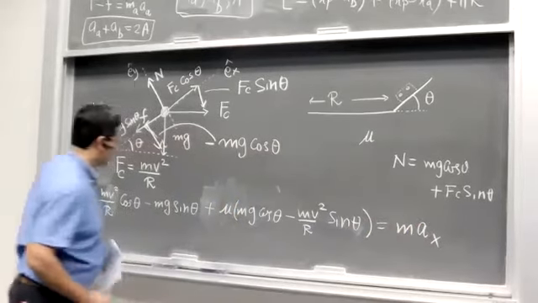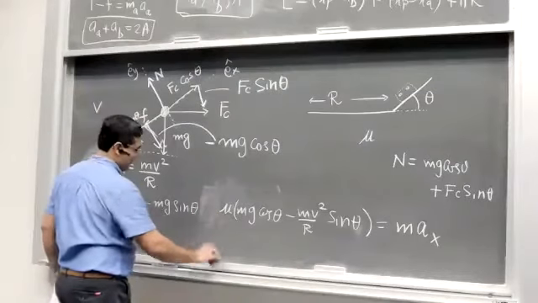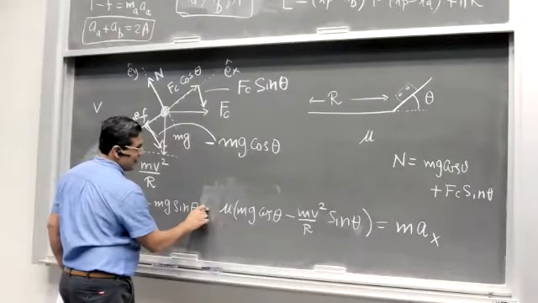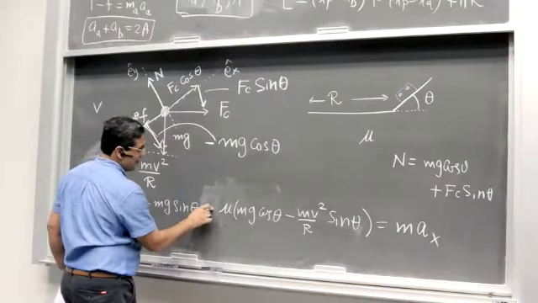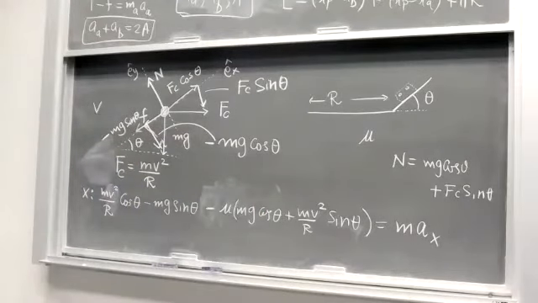All right. So it's fine now. Sir, put a minus with mg cos theta as well, a plus in between, and make mu minus, sir. Yes. Yes. Now this is correct, right?